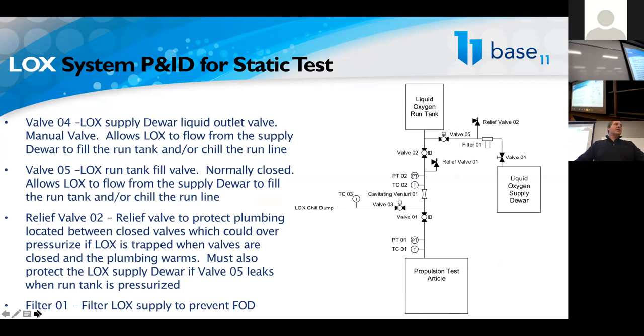If you've pressurized your LOX run tank, you have valve 2 open and valve 1 is closed and you're getting ready to fire your engine and somebody screws up and opens valve 5, well, now you've got pressurized oxygen going to a place you never intended it. So your relief valve is going to have to potentially overcome that failure.